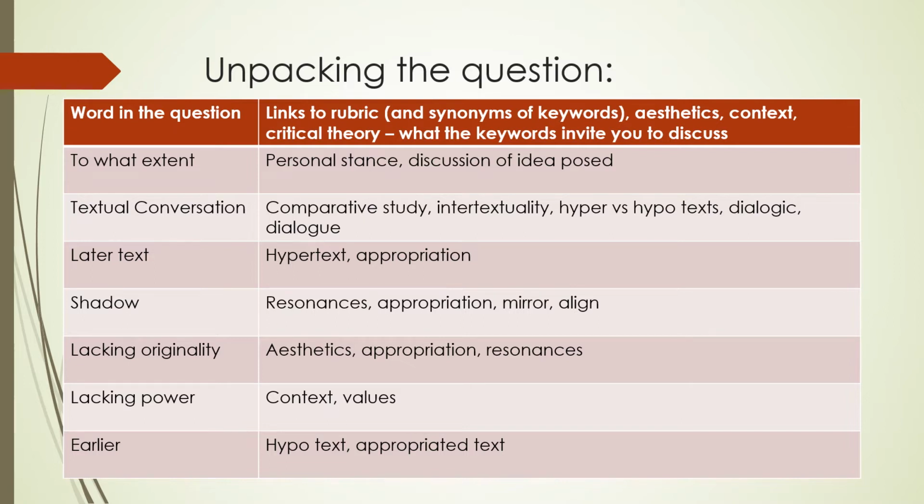So this is really prompting you to explore this comparative study, explore the idea of intertextuality, this theory of hypertext versus hypotext, the dialogic nature of this unit of work, and the dialogue between the texts. Later text, well, this links to the appropriated text or the hypertext.